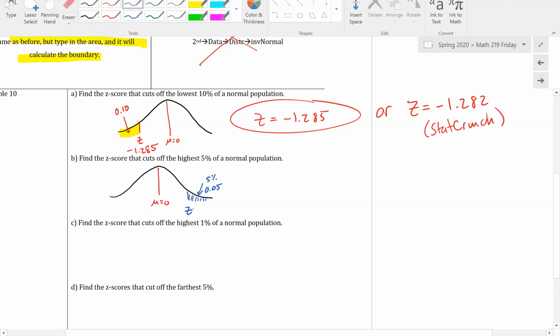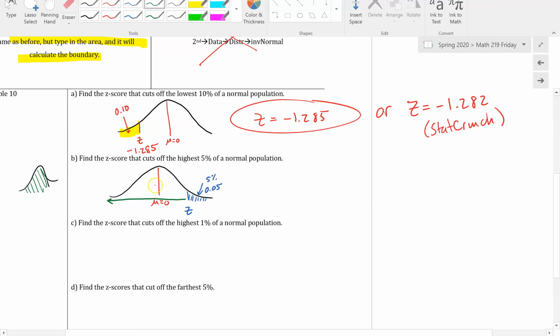Now, if I'm going to do this one with the z-table, remember, my z-tables only tell me left area. My z-table is only capable of telling me the area to the left of some number. So if 5% is the area to the right of the z-score, what's the area to the left of that z-score?